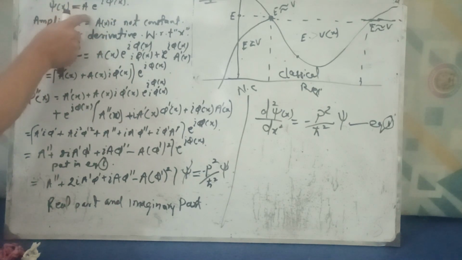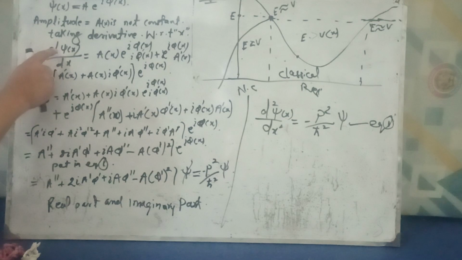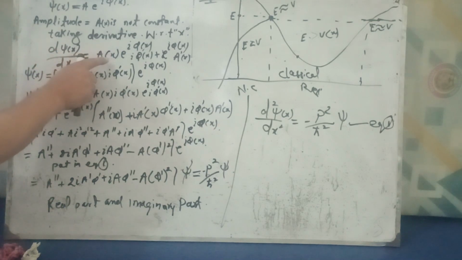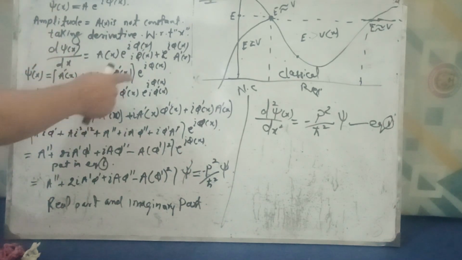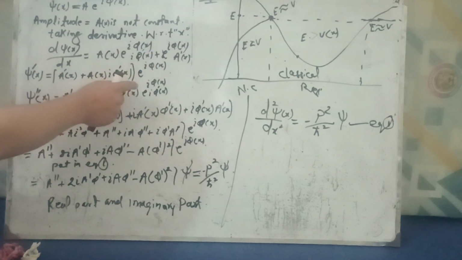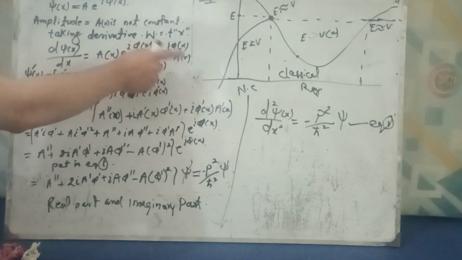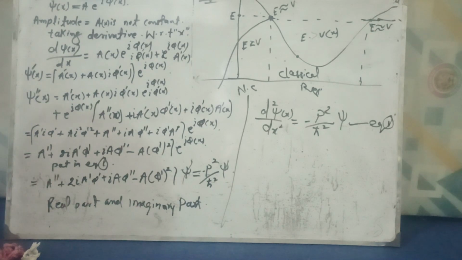This A varies with respect to x, so the derivative will be: the first function times the derivative of the second, e to the power i phi x, which gives i phi prime x, plus the second function times the derivative of the first, A prime x.